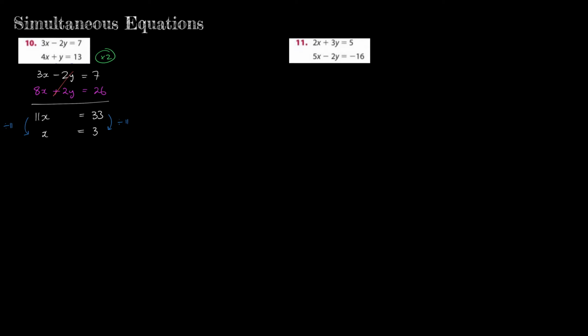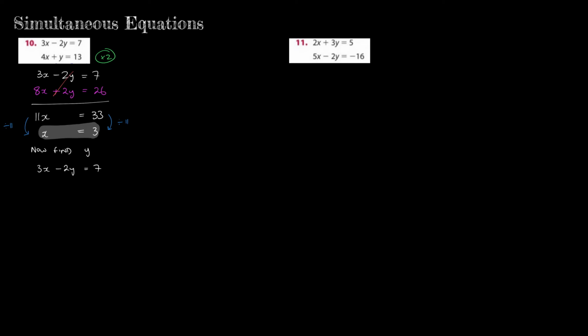Now that we have a value for x, we can go back and find the value for y. So now find y. 3x minus 2y equals 7 is the first equation, so we just took the first equation there.